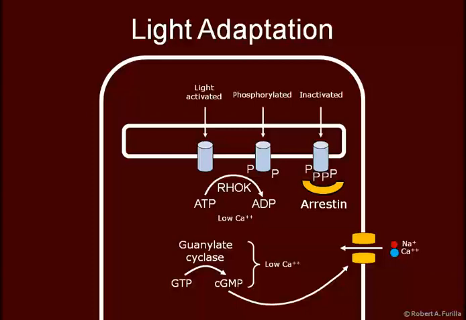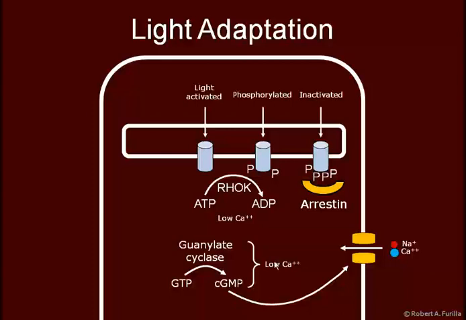In light, the activated guanylate cyclase would counter the effect of the cyclic GMP phosphodiesterase. This also helps to prepare the cell by starting to accumulate cyclic GMP for the recovery process, so that when we go back into the dark, cyclic GMP concentrations are high enough to open up these cation channels.